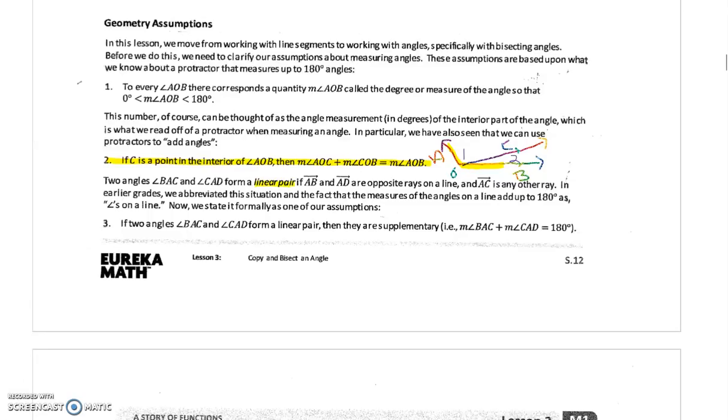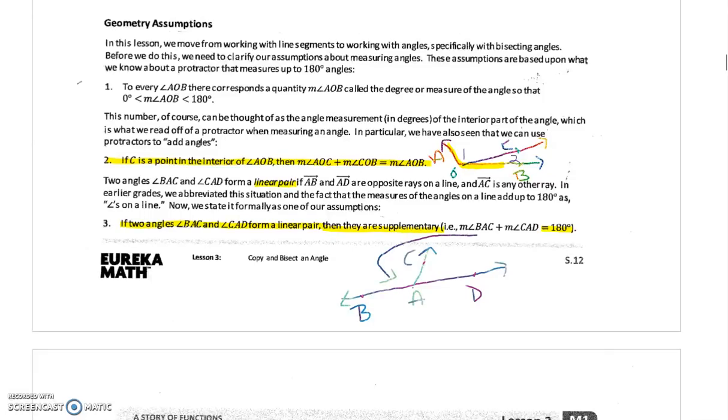A linear pair. These are important. If 2 angles form a linear pair, then they are supplementary. And we saw last time that supplementary meant that they add to 180. Okay? So to be a linear pair, they're going to form a line, right? They're going to be adjacent to one another on the line. So angle BAC and angle CAD, right?